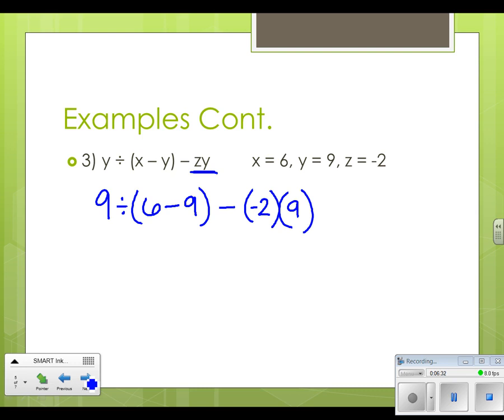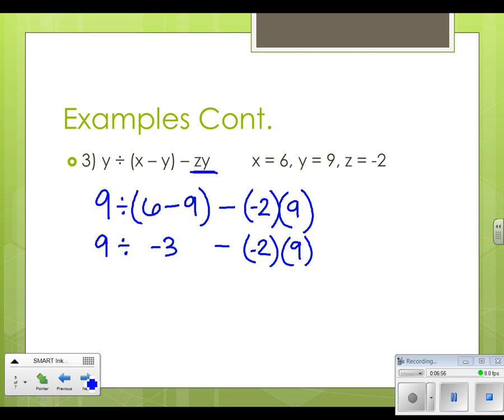Work inside parentheses first, so I'm going to do that. 9 divided by 6 minus 9 gives us -3, minus -2 times 9. Next in PEMDAS would be exponents. We don't have any exponents. Next we multiply and divide from left to right.